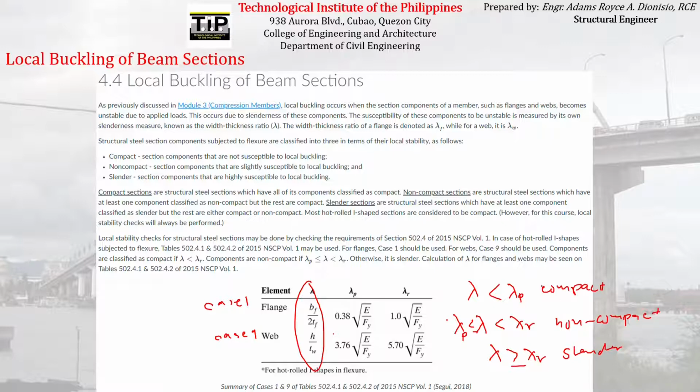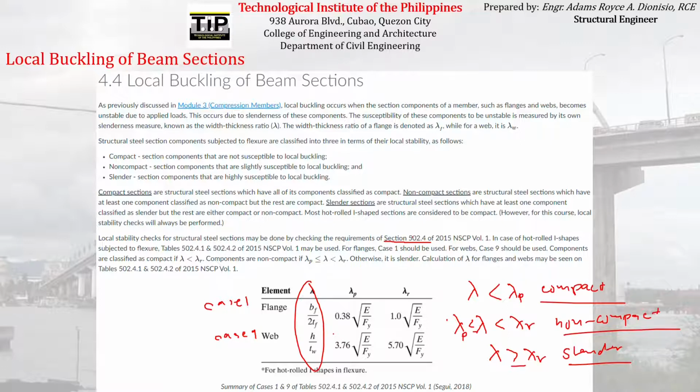So just like sa compression members, iba't ibang section provisions yung ginagamit natin for compact, for non-compact, tsaka sa slender. For compact, yung section or from the code that we usually use is section 502.4. If ever yung nakuha yung section is slender, you have to refer to other sections ng code to be able to compute for its capacity.